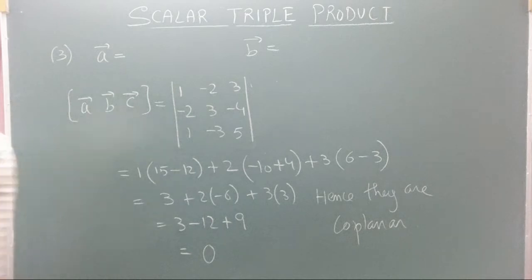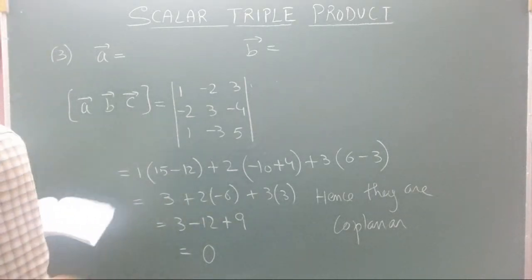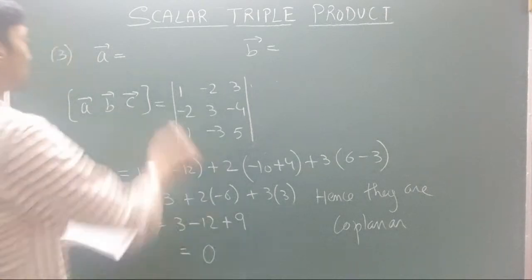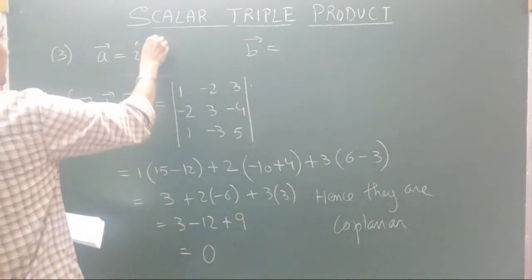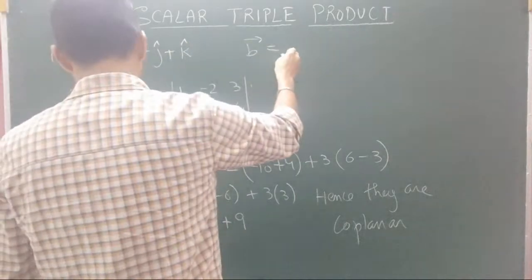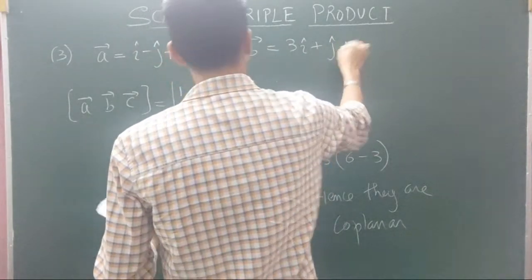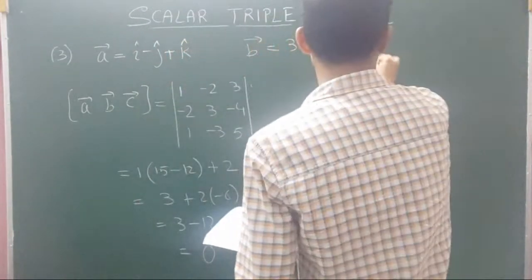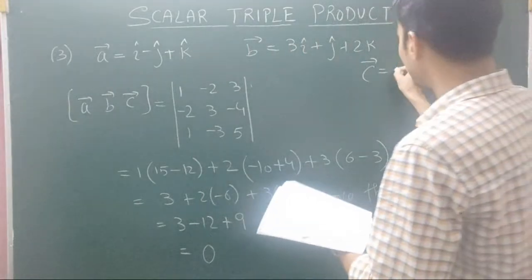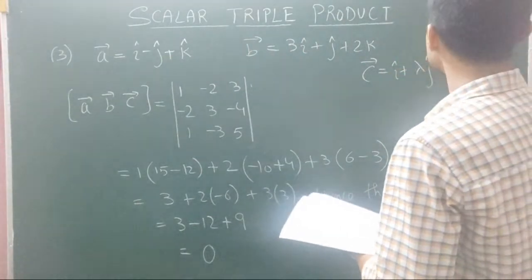Alright, next, question number 3. The vectors are not named, so we'll just name them. Let A equal to this vector, vector B equal to 3i plus j plus 2k, and the vector C as i plus lambda j minus 3k.